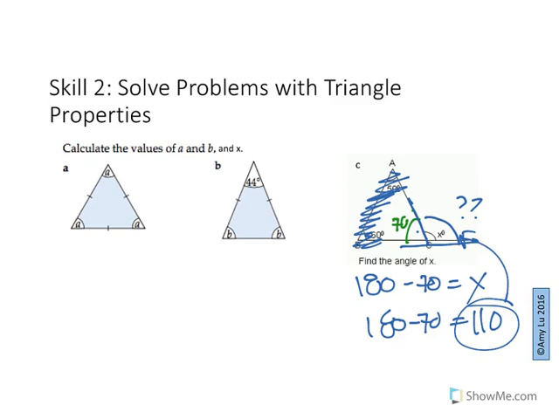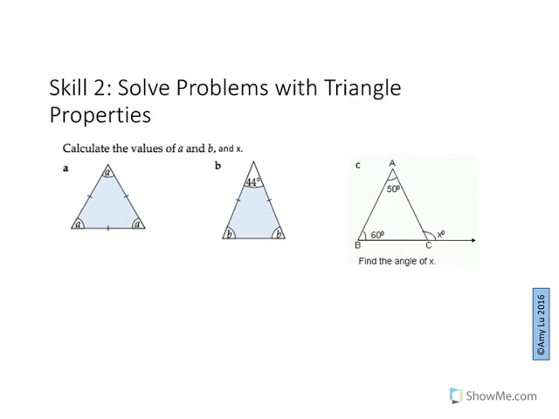Now, here's a little trick. Did you know that you can add up to find angle x, which is the exterior angle? It's the same thing as saying 50 plus 60. Since they both share this angle right here, angle C, this is a result of these two angles added together.